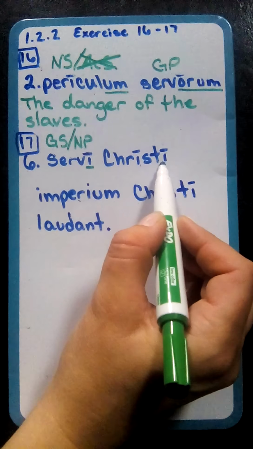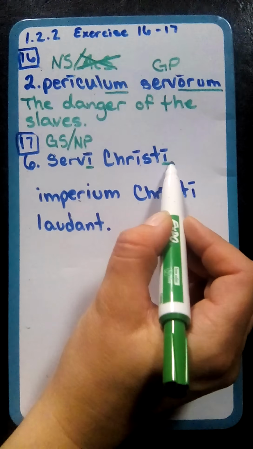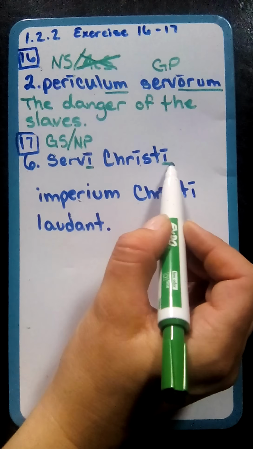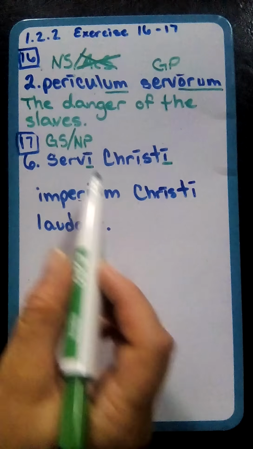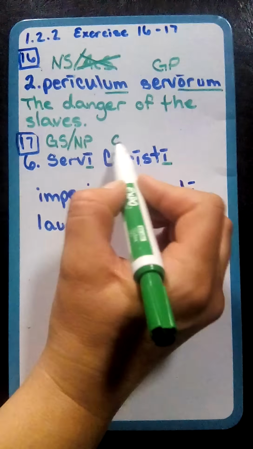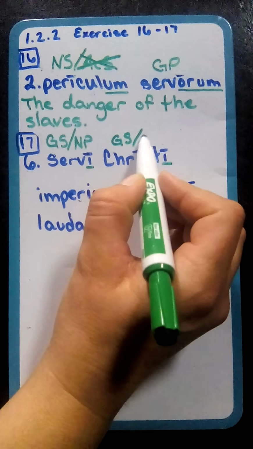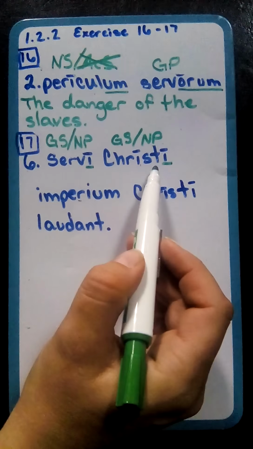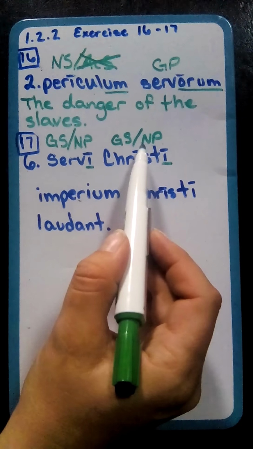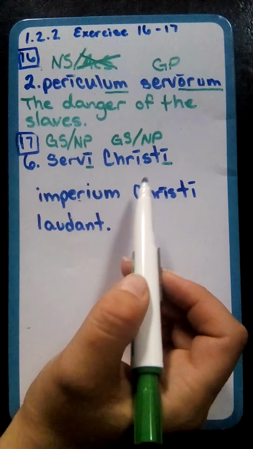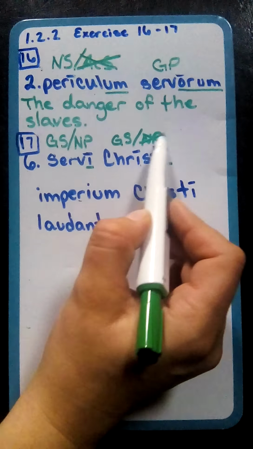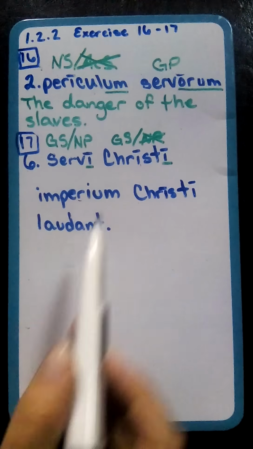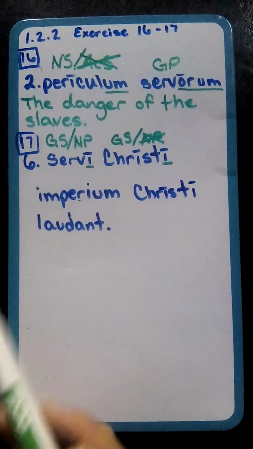Moving to Christ, Christus, Christi. The us-i tells us that it's second declension masculine, and we're looking at our i ending, and it should be genitive singular or nominative plural, but if we think about it, Christ is not going to be translated into the plural because there's only one of him. So we can go ahead and knock that out as one of our options. It can only be genitive singular.